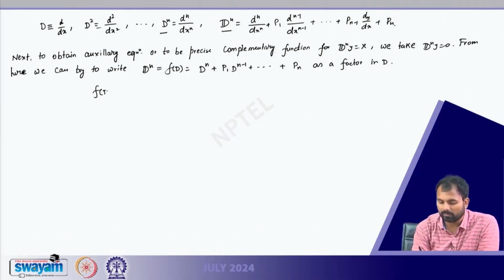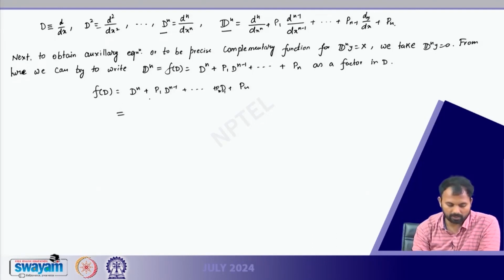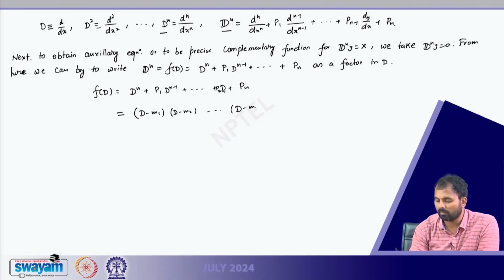It means f(D) equals Dn plus p1 Dn minus 1 dot dot up to D plus pn, sorry, p1, pn minus 1, pn. So from here we can think that by some factorization we are able to write (D minus m1)(D minus m2) dot up to (D minus mn).